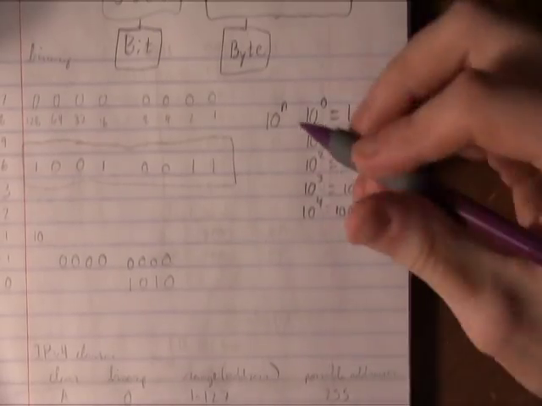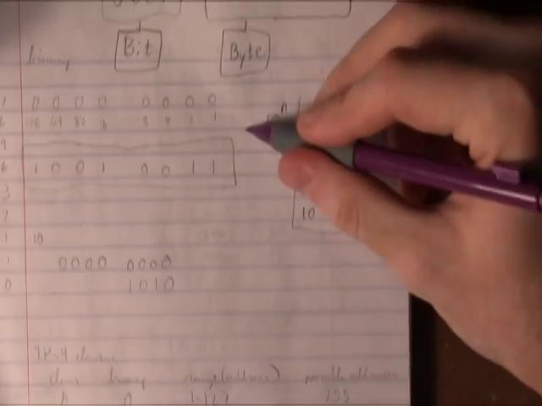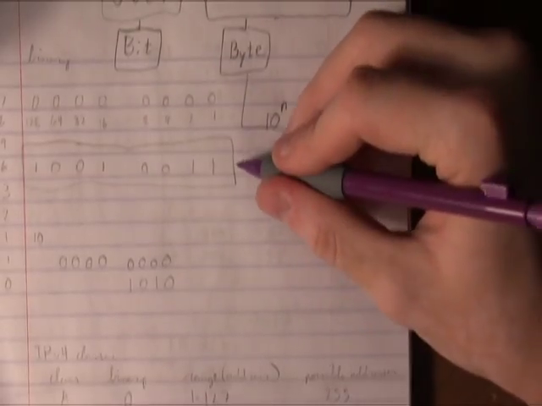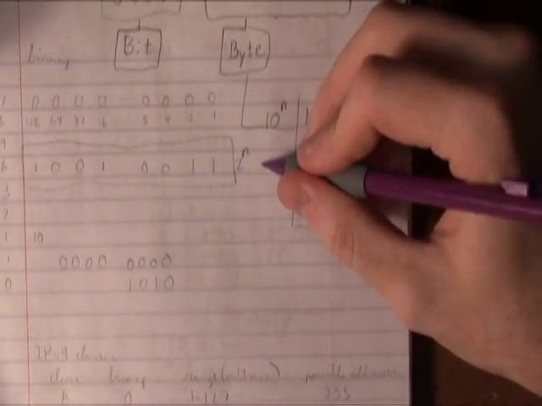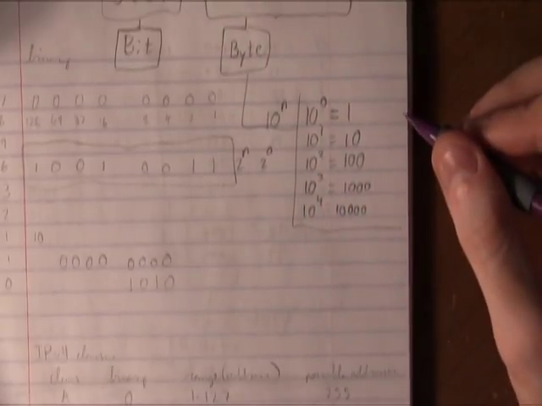So, if this is binary, bi meaning 2, we're going to do the same thing, but it's going to be 2 to the n. So, what is 2 to the 0?